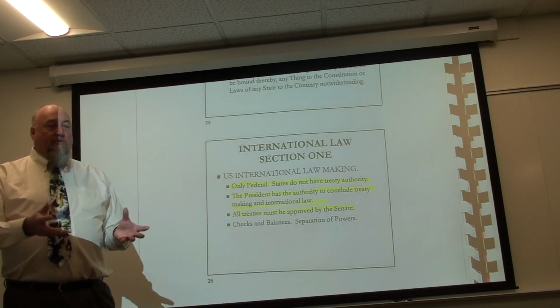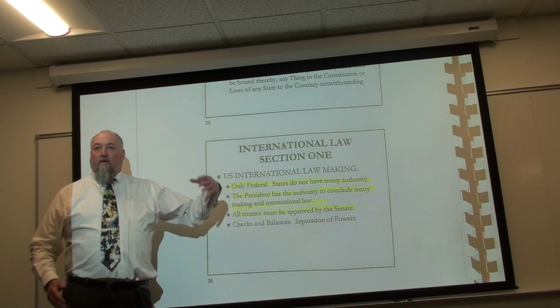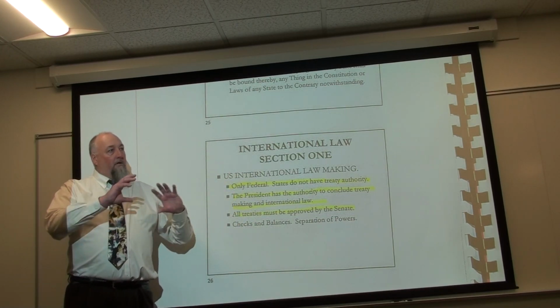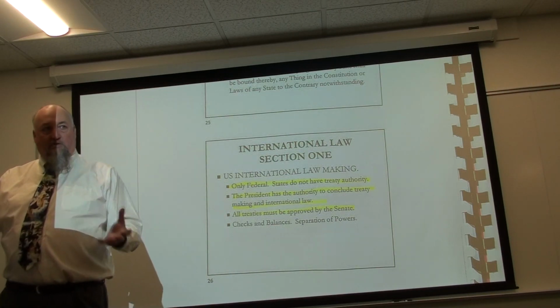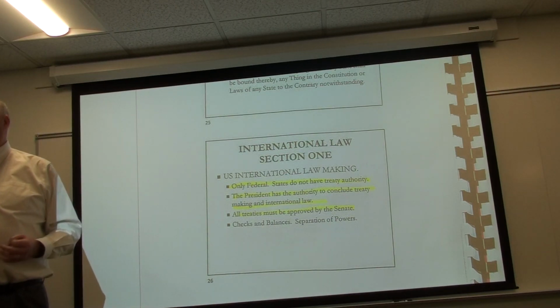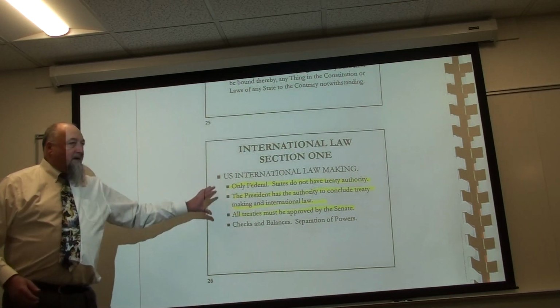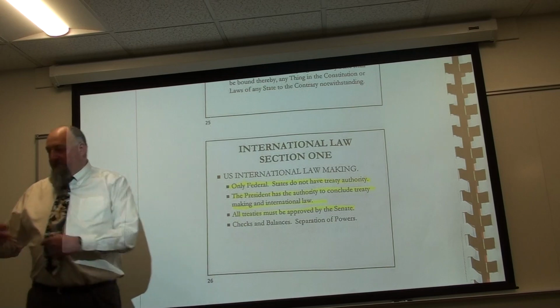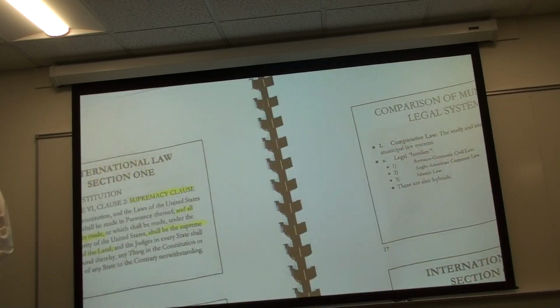And that was recognized when the Constitution was written, and so that was put in there with the idea that we don't want to have that much authority within the office of the president. There needs to be a balance that goes on by having Senate approval. So keep that in mind, and I'll bring that up a couple times more as we work our way through the class. All right, let's go on to the next slide.